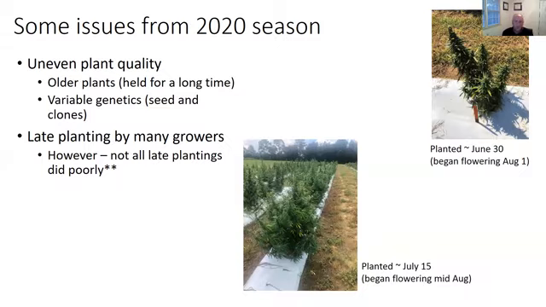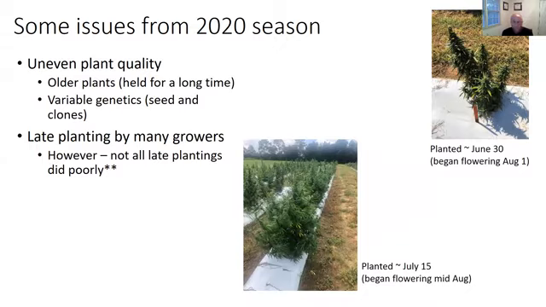They started flowering around August 1st, and they were very small, compact, didn't yield very well. They yielded about 0.2 to 0.4 pounds per plant, which, as you know, is not going to cut it. I attributed that to these being older clones that got sent and got planted late, and they just didn't have time to establish.